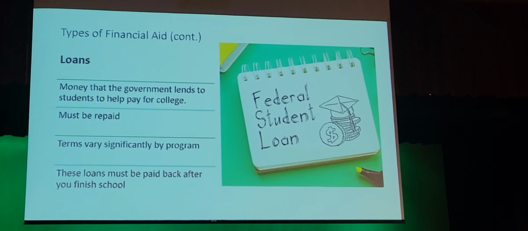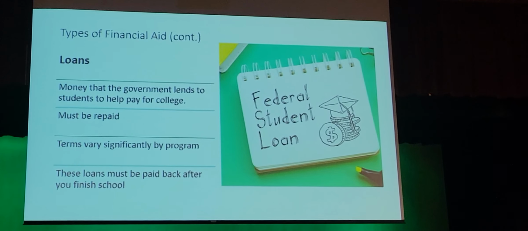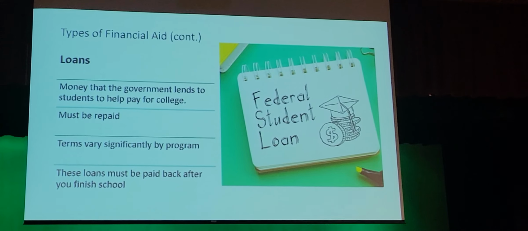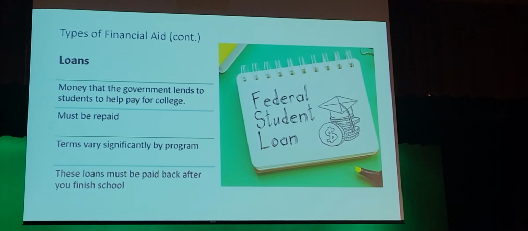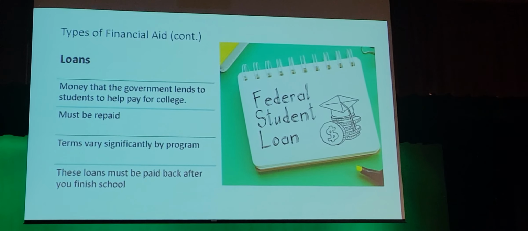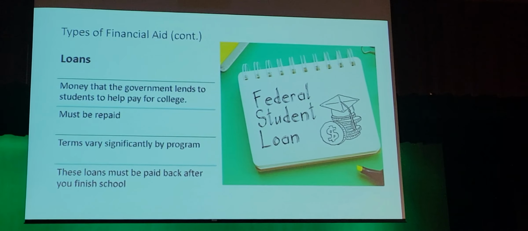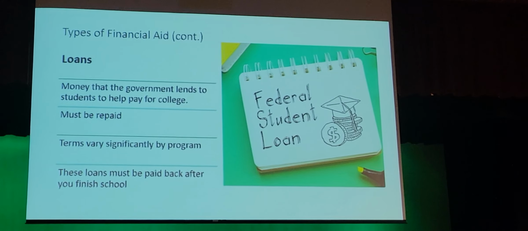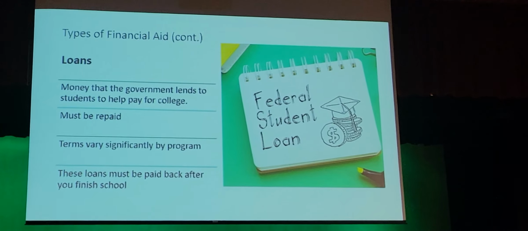There are additional steps when it comes to taking out loans, for example, the master promissory notes. Those are things that you have to look out for when it comes to actually enrolling and determining the cost when you transfer. So it says up there the terms may vary significantly by the program, because there are different amounts.